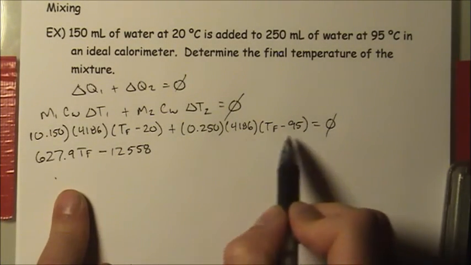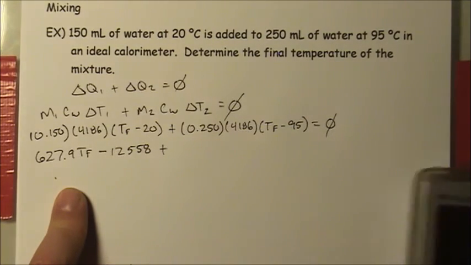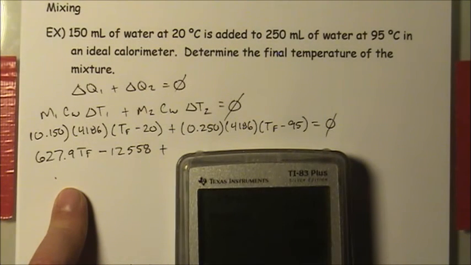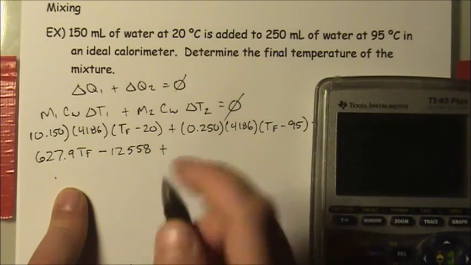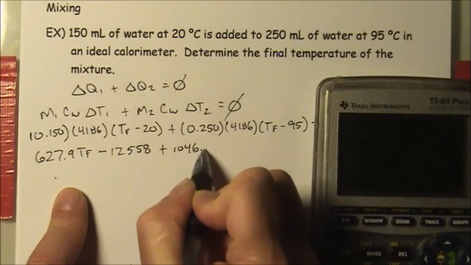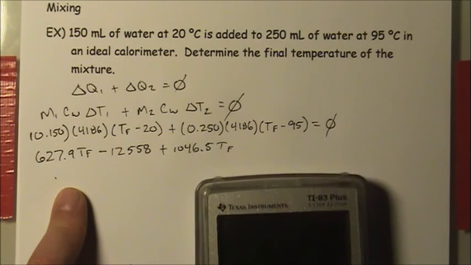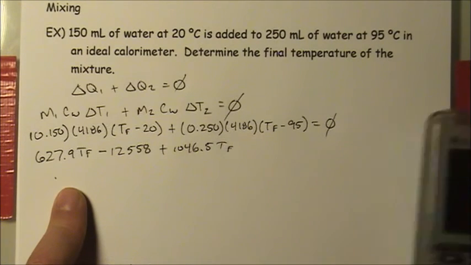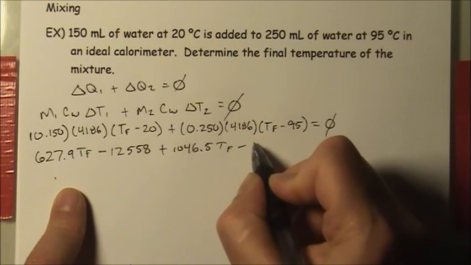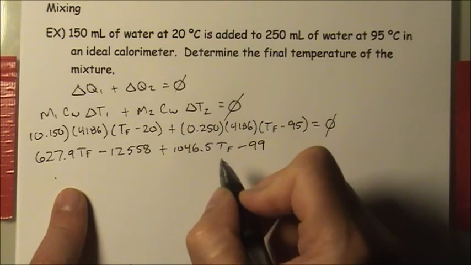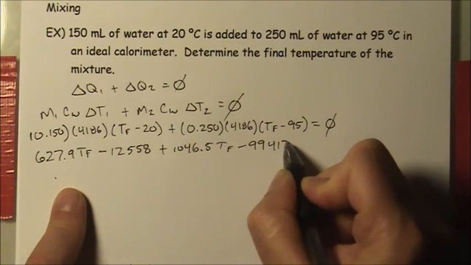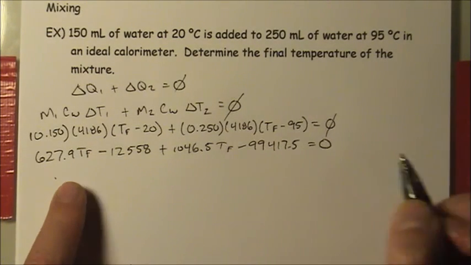Now we'll focus on the second one. Plus 0.25 times 4186, which is equal to 1046.5 TF. Then we multiply that times 95 to get the second number, which is minus 99,417.5. That all equals 0.